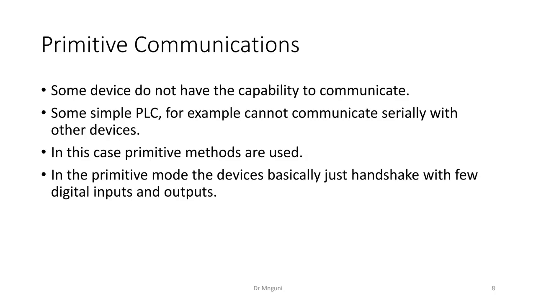So that process of a signal coming into the PLC and going out into the device that you are driving is referred to as your primitive communication. But now, which resources do we use to connect this? And this brings us to the next slide.